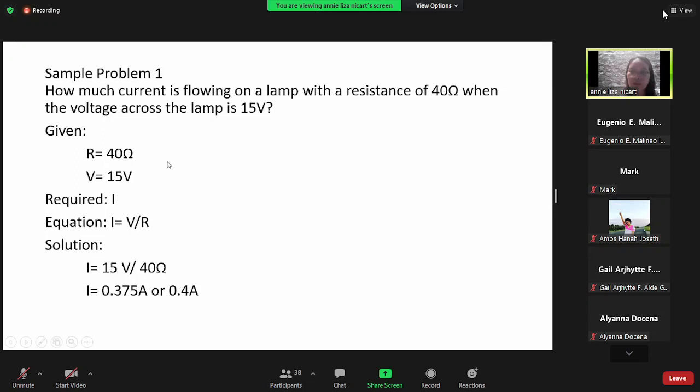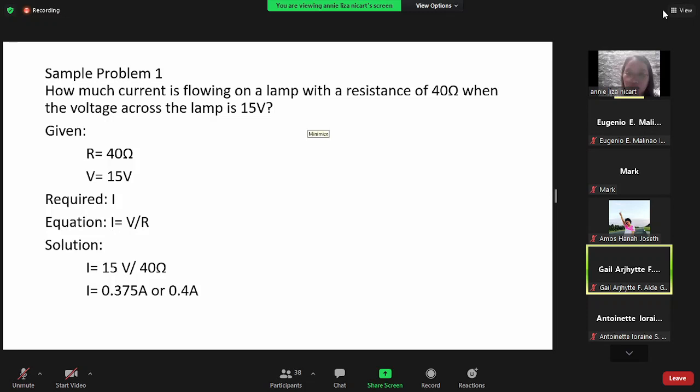So this is an application of Ohm's law. The first thing you should do is identify the given quantities. How can we identify the given quantities in the problem, whether it's resistance, voltage, or current? By the unit symbols.